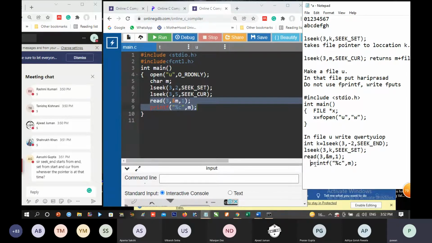Tell me the output of the program which I have written here. I have written some program on this screen. Don't execute it. Tell the output first and afterwards you execute it.